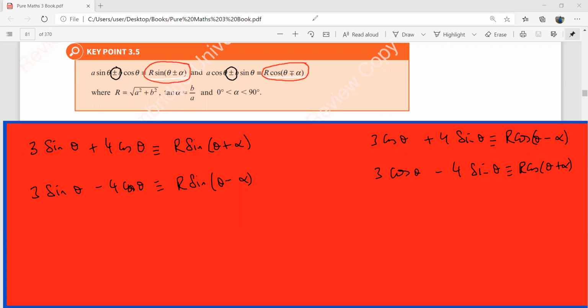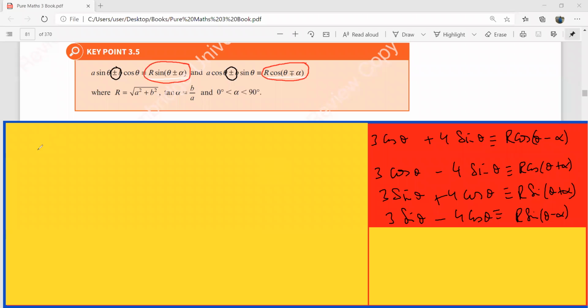I need to copy this on this side so that I can use the space here. So let's say we have 3 sine theta minus 4 cos theta. Again a reminder, the method that I'm going to tell you is an explanation of why we have that shorter method.